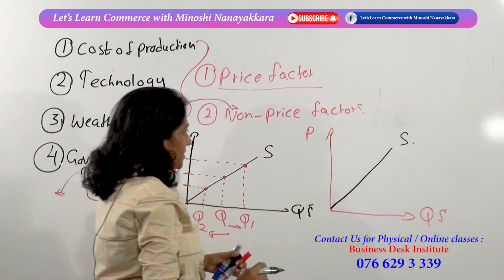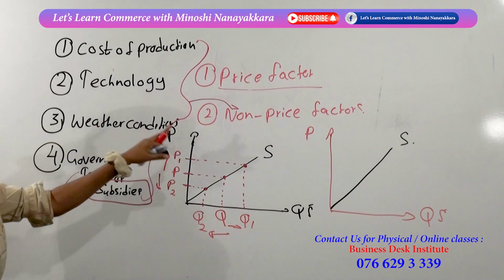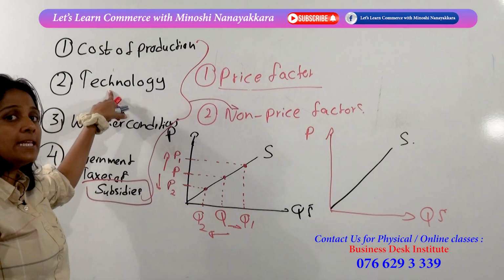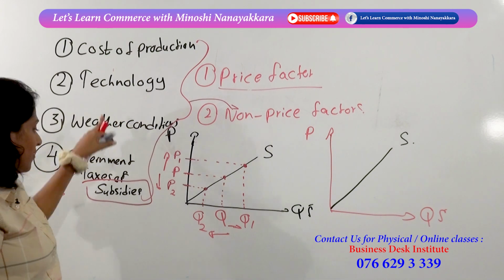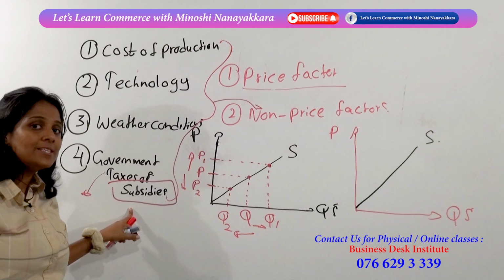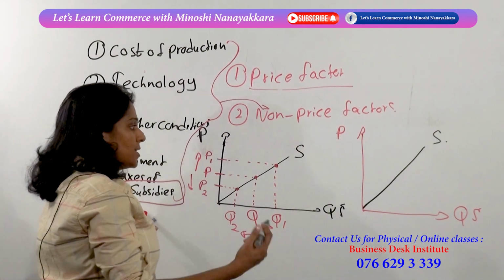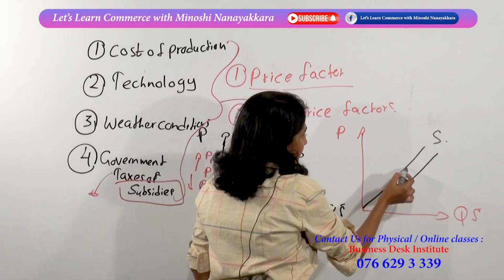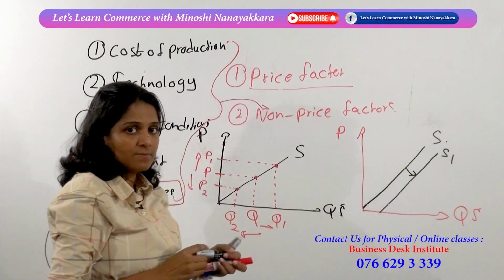Due to these factor changes, if it positively affects our supply, for example because of newly updated technology, or when the government is providing subsidies, it motivates the producer and they supply more quantities. So our supply curve shifts to the right like this, and this is our new supply curve.